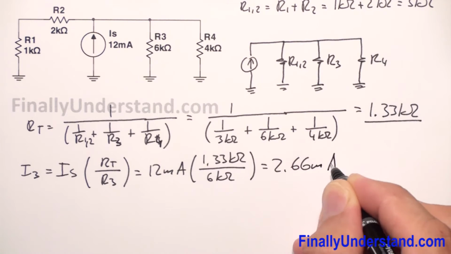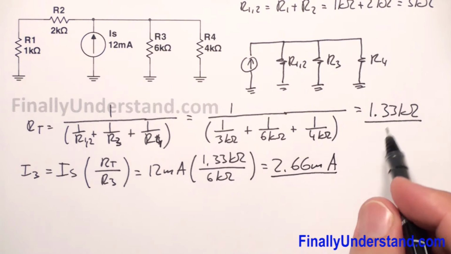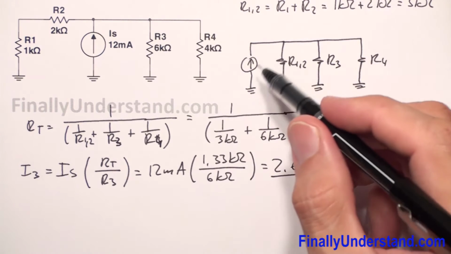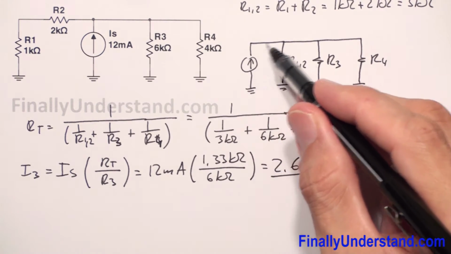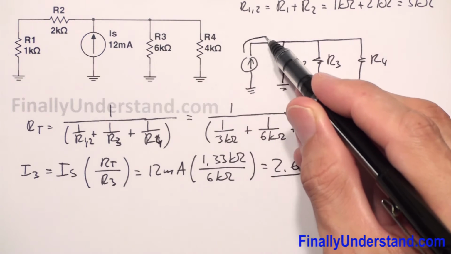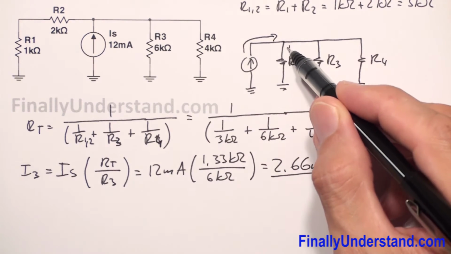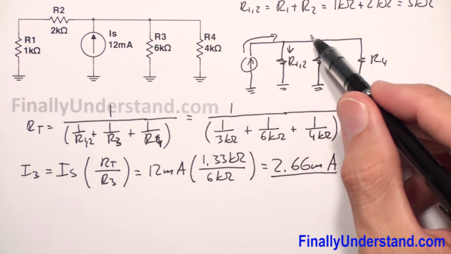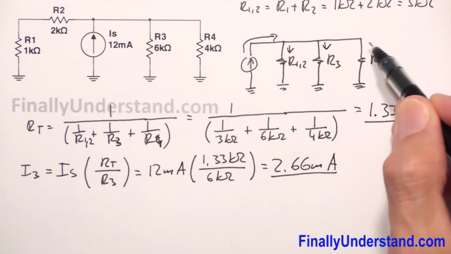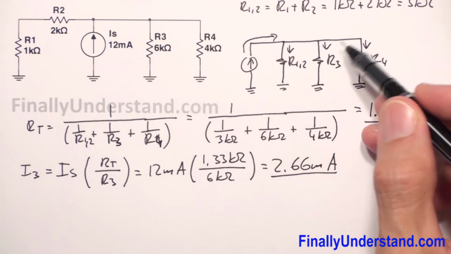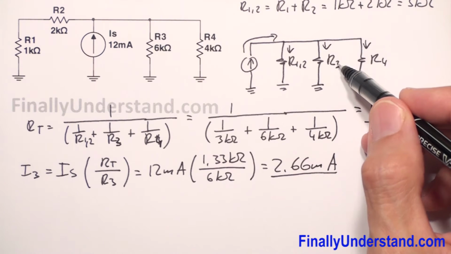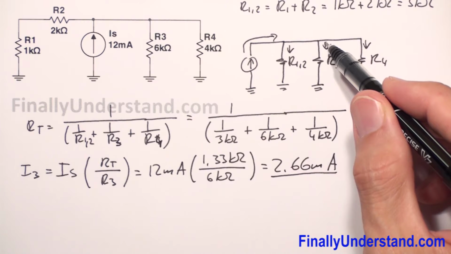2.66 milliamps. And if someone is going to ask you in which direction current is going to flow, please notice that this current source is going to push the current up. So the current is going to go this way and split, over here, and over here. So the current I3 is going to go from top to the bottom.